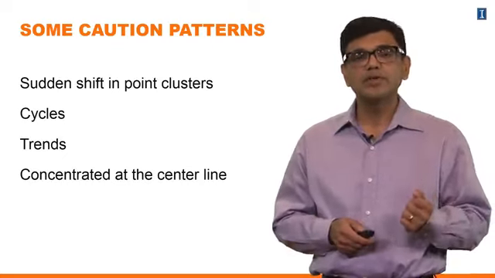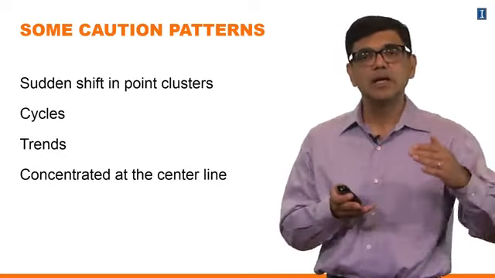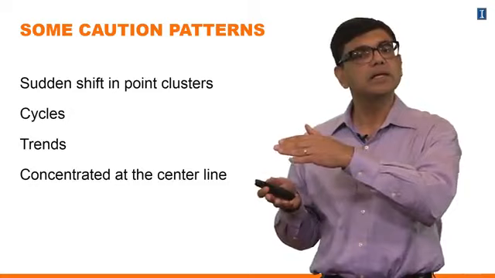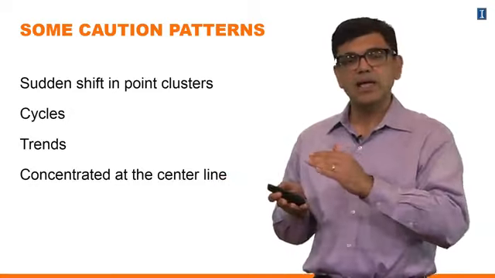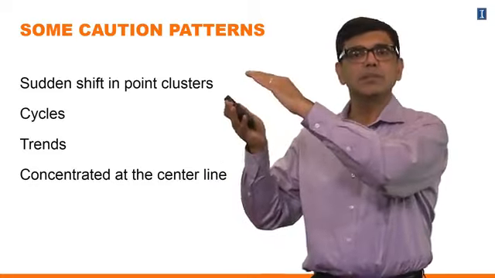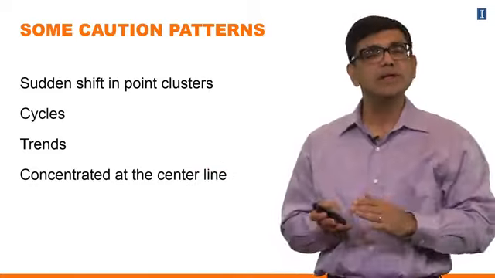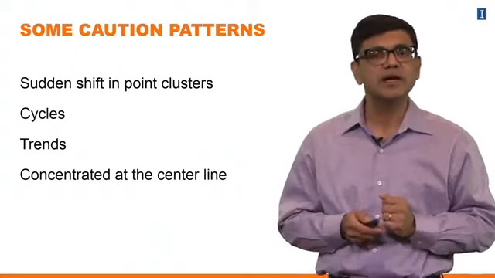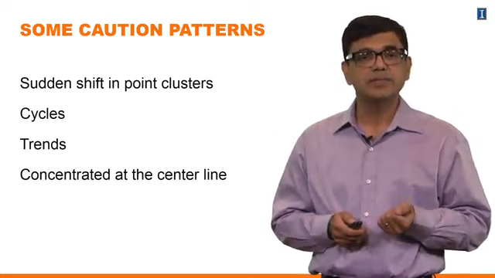So the first one that you see over here is if there's a sudden shift in the point clusters, right? You had all the points in random fashion within the control limits all this time, and there seems to be a sudden shift either upward or downward towards the upper control limit or the lower control limit, and there seems to be a concentration going one side or the other. That could be a sign that's telling you something.